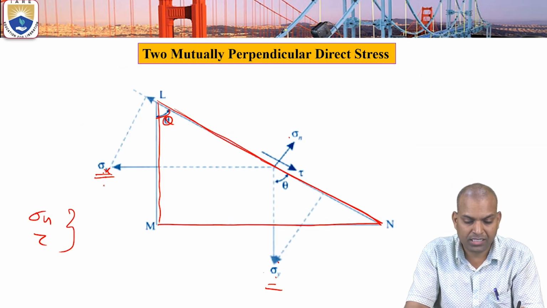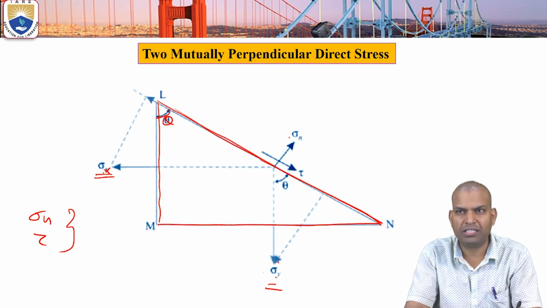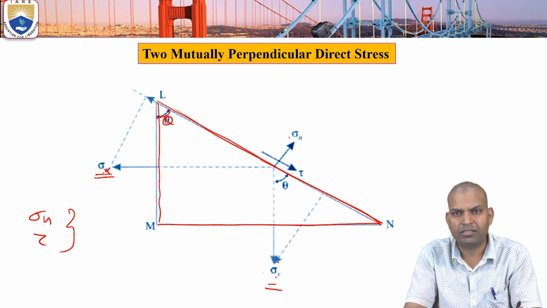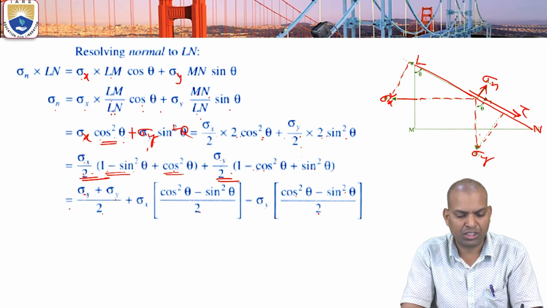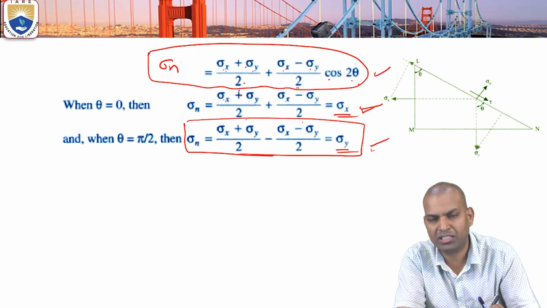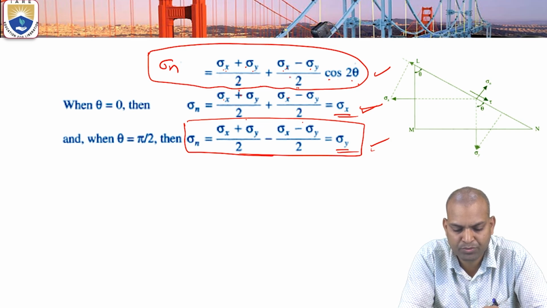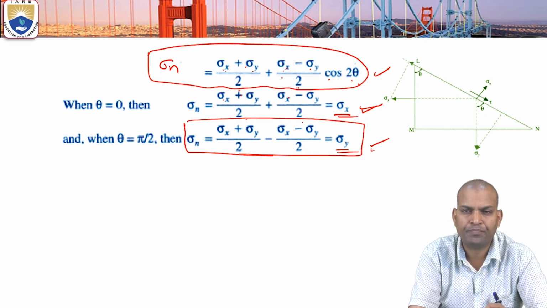Now the third case, where two mutually perpendicular direct stresses are acting on the sides LM and MN. For that, what is sigma n? The sigma n value is sigma x plus sigma y by 2 plus sigma x minus sigma y by 2 cos 2 theta.